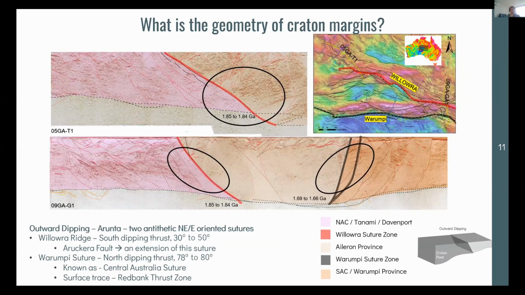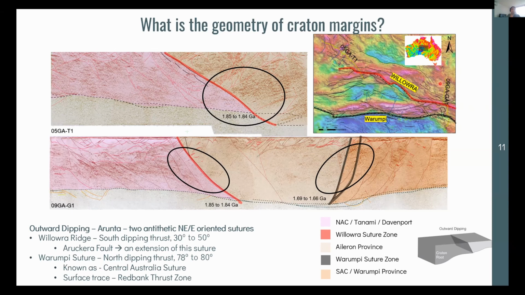The other boundary that we investigated is Aronta. We worked on two seismic lines in Aronta, and they confirm that we have two sutures, Villora and Vrumpi. In the north, we have the Villora Ridge, and it has an east orientation. It's dipping outwardly.